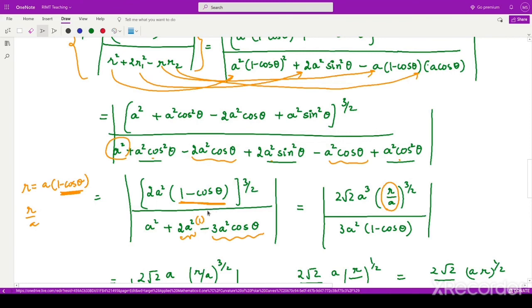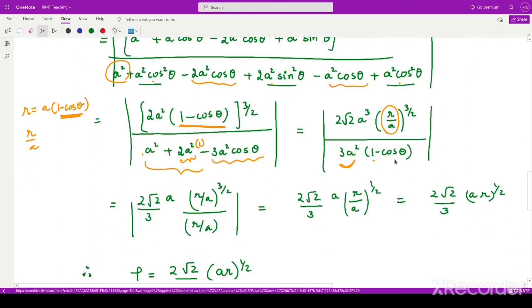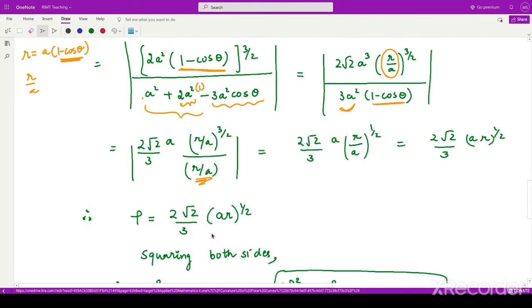These both terms combine, it becomes 3a square and then 1 minus cos theta. Again we can write the value of 1 minus cos theta as r by a. You could simplify a bit, and after simplification you would have this term.